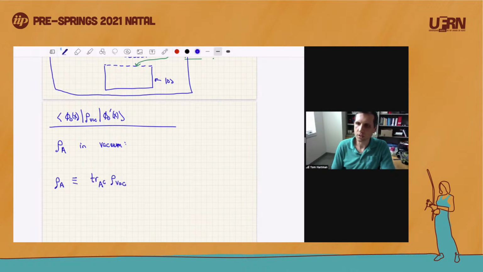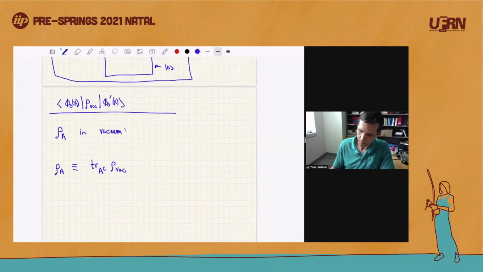This is the reduced density matrix on region A. So the definition of the reduced density matrix is that you sum over states n on A complement of n rho vac n.